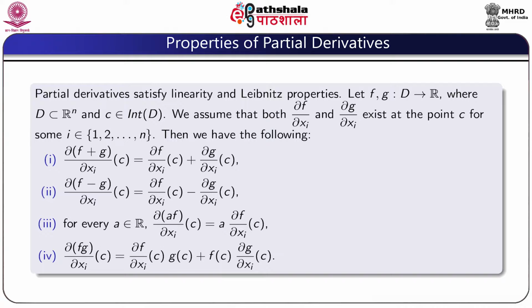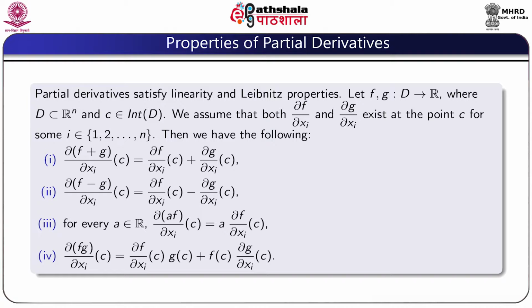Let f and g be two scalar fields defined on a set D, where D is a subset of R^n and C is an interior point of D. We further assume that both the partial derivatives ∂f/∂xi and ∂g/∂xi exist at the point C for some i from the set 1 up to n.